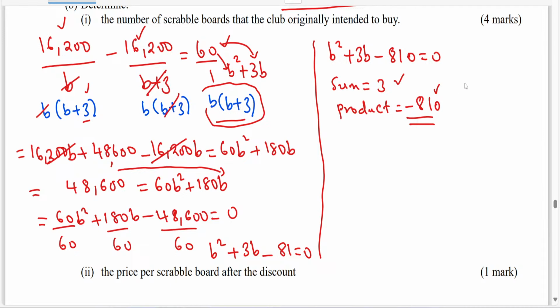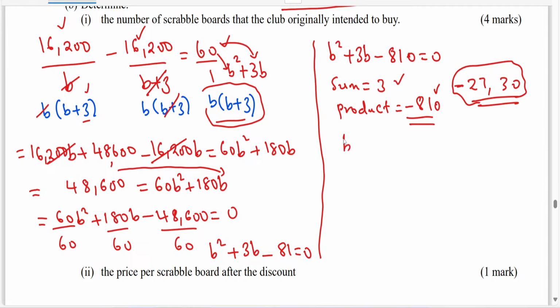So most likely ni 27 na 30. So negative, wacha niweke hapa. So ukitafuta combination hizo ndo the best combination that you can, kwa sababu uki add itanipa 3 na niki multiply those two numbers itanipa negative 810.